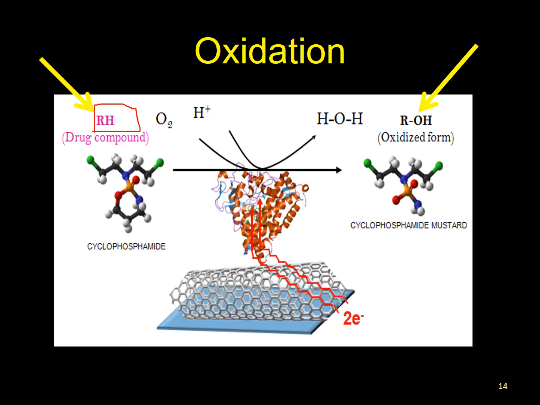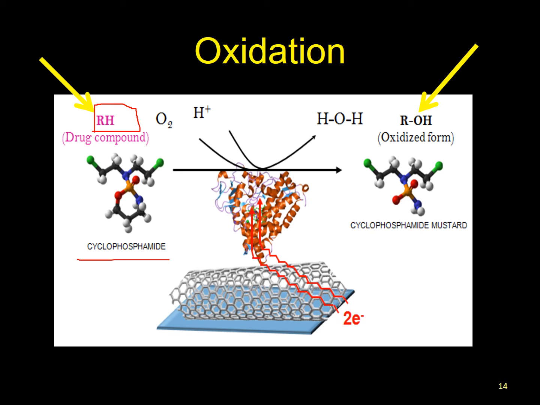It's like drug X. In scientific literature, RH is used to mean anything, not any one drug specifically, just all drugs in general. RH is the pharmacologic agent. So this drug compound, whatever it is, in this case is cyclophosphamide, but RH can stand for anything. In this case, cyclophosphamide is oxidized.